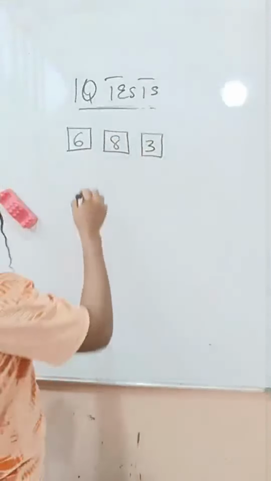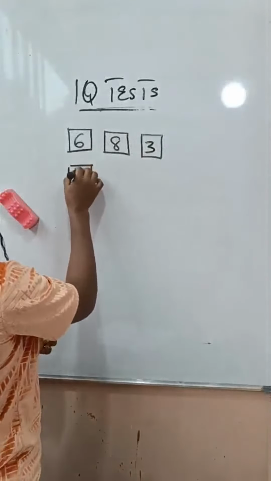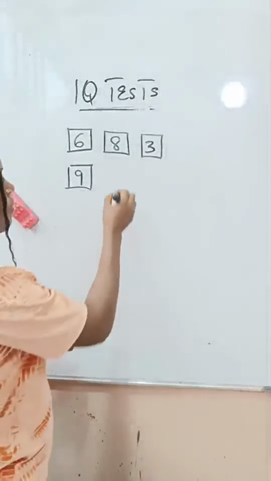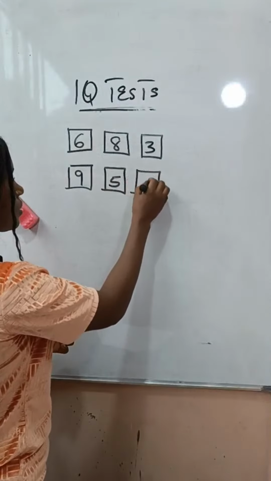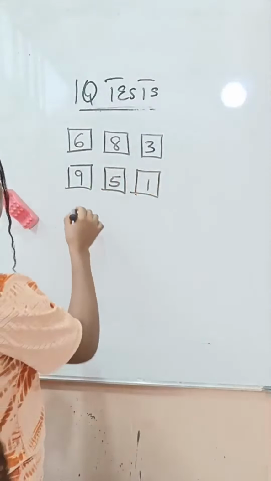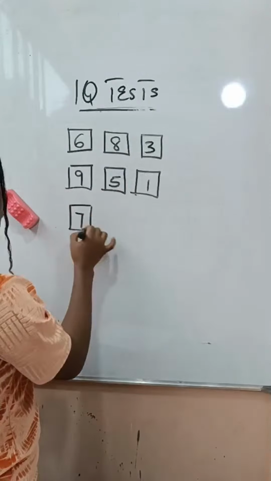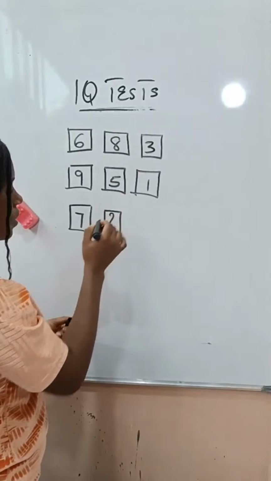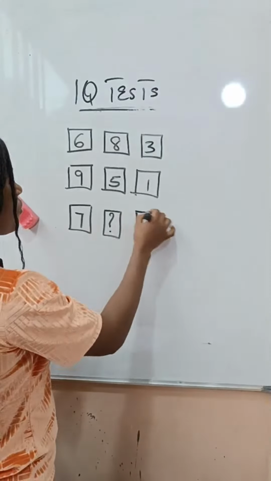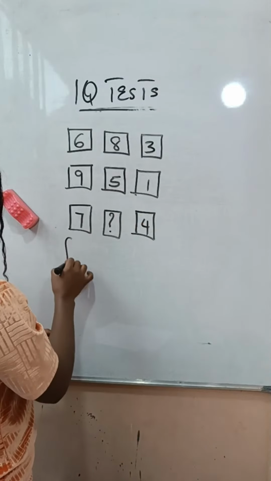Then in the second line, we have 9, 5, and 1. In the third one, we have 7, then the one that we need to find, and we have 4. So find the missing number.